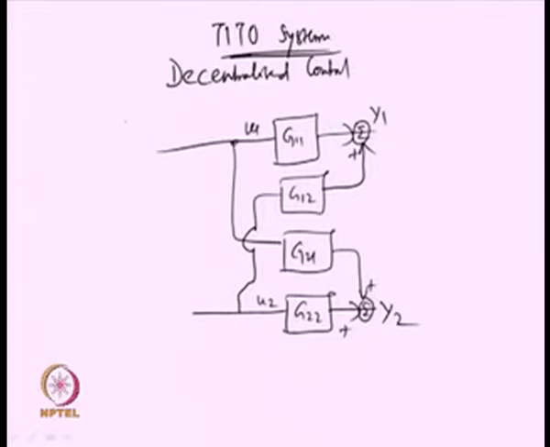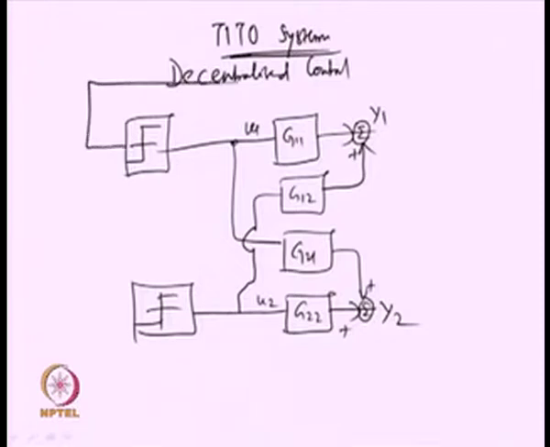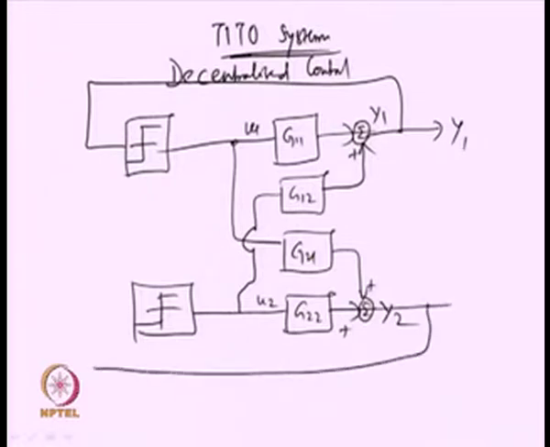Now, how is relay control effected here? A relay is added here, another relay is added here, and then the loop is closed. Of course, you will have negative feedback here.